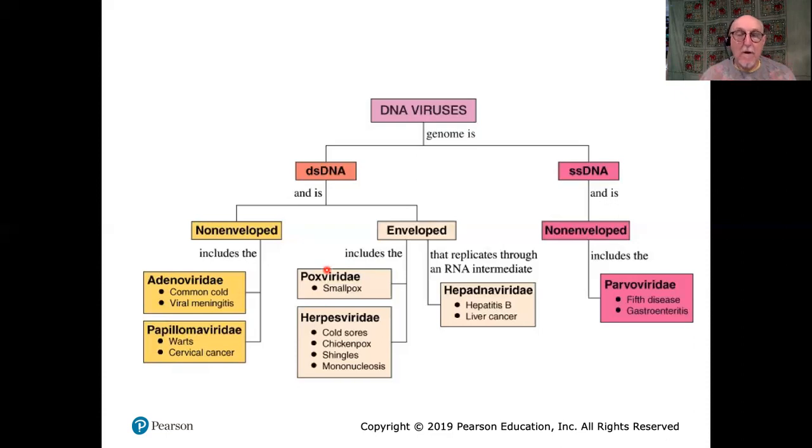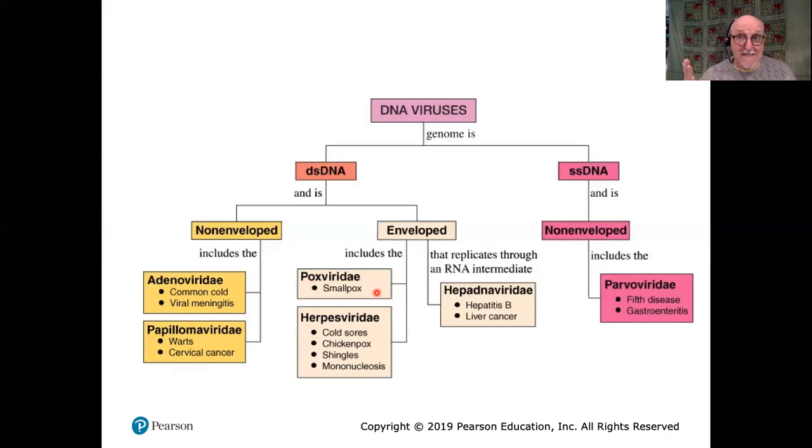So, for example, smallpox, which was present in the human population right up till 1976, is specific for human beings. It is transmitted only from human beings to human beings.